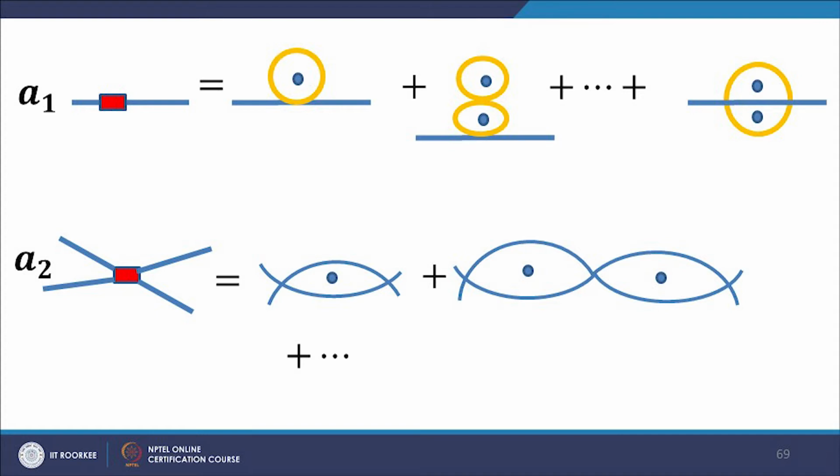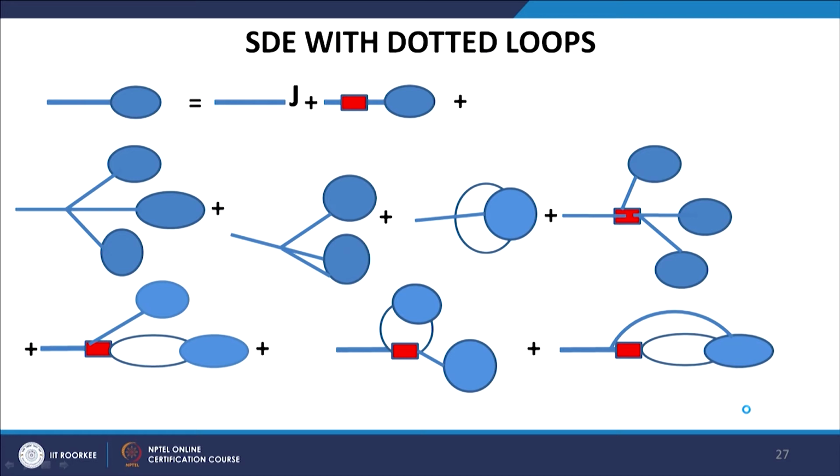The upper box is the upper diagram. On the left hand side, let us call it A1, the lower diagram on the left hand side, let us call it A2. Then making use of this set of Feynman diagrams, we can write down the Schwinger-Dyson equations, including these loops, in the form of this expression.